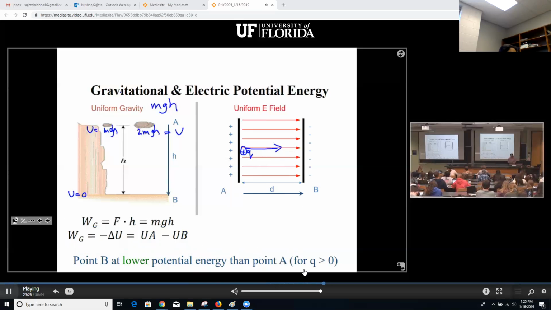We have to be careful that we are talking about a positive test charge because we could have put a negative test charge and then it would be different. Let's see what happens if I put a negative charge there. If I just leave it, what's going to happen to it?